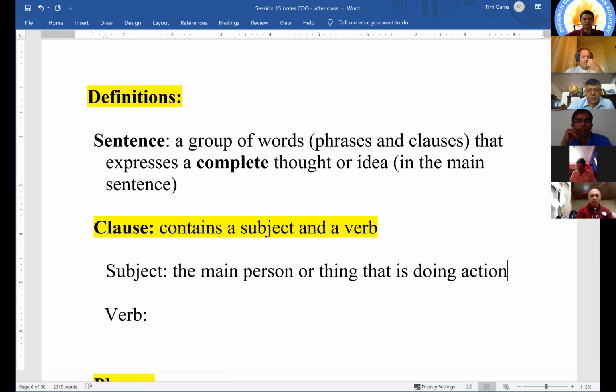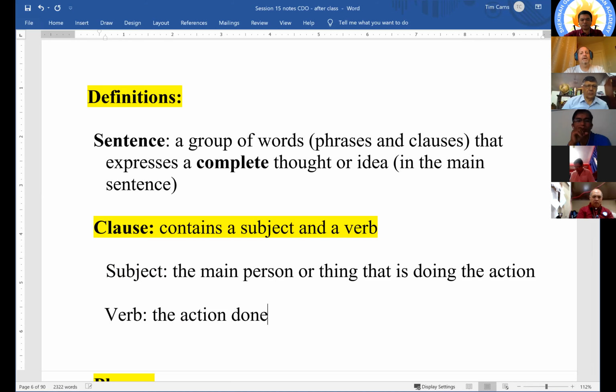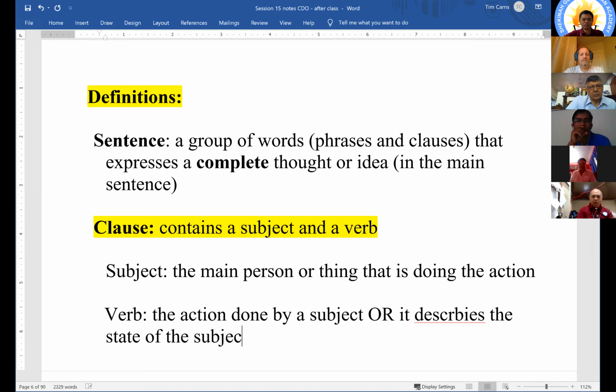The main person, or it could be an object, a thing that is doing the action. Now the verb is the action. It's the action done by a subject, or, and this is important, the verb describes the state or condition of the subject. I'll explain what I mean by that.